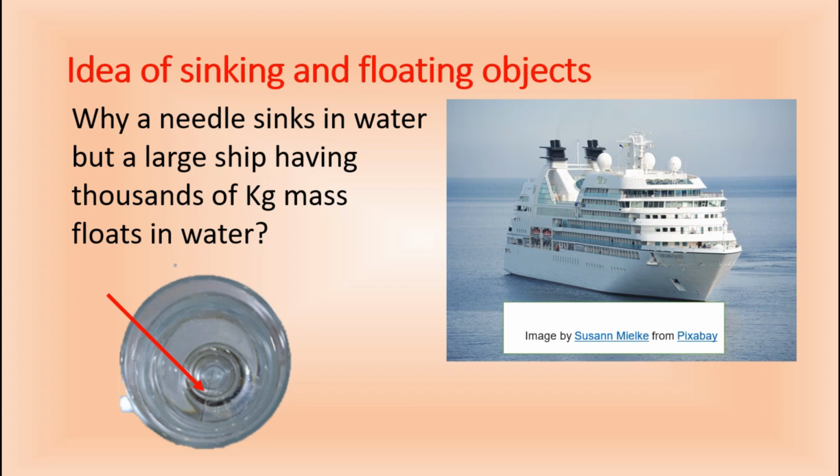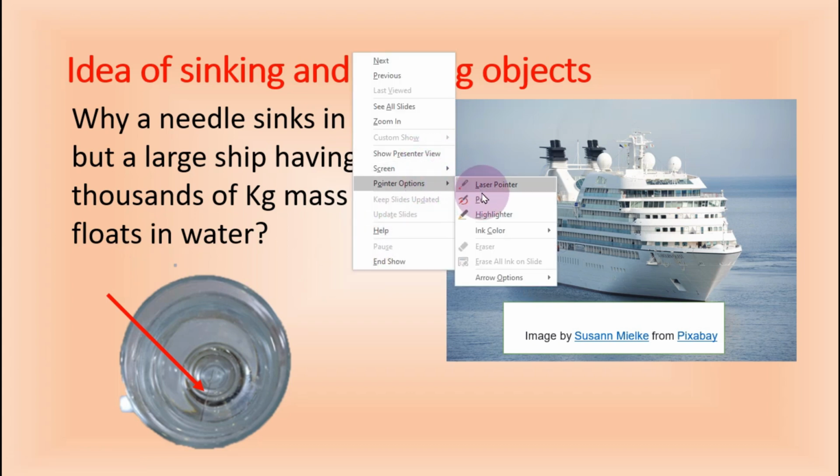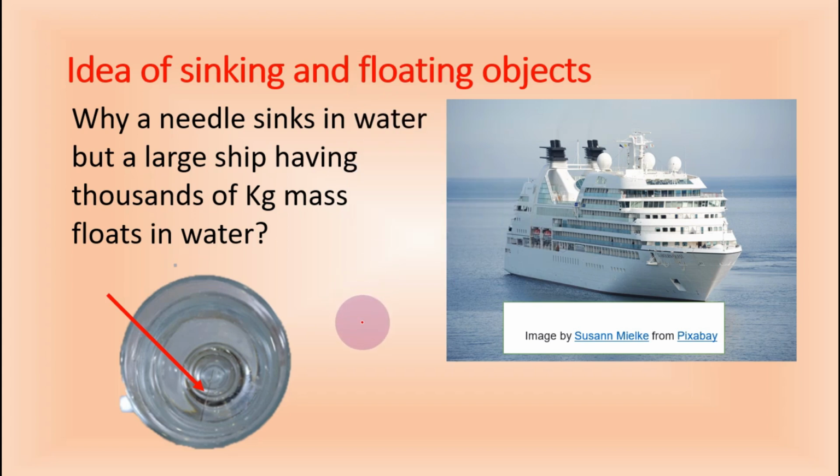When an object is immersed in water, there are two forces acting on the object. One force is the weight of the object, which is always in the downward direction. The second force is in the upward direction and is called upthrust or buoyant force.